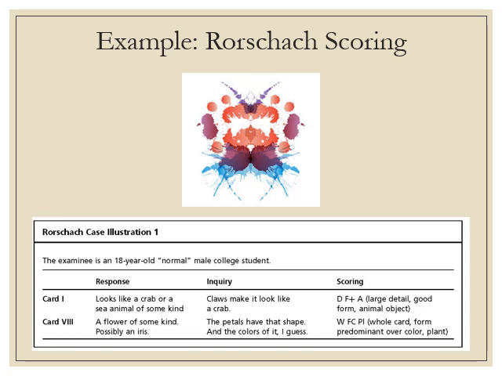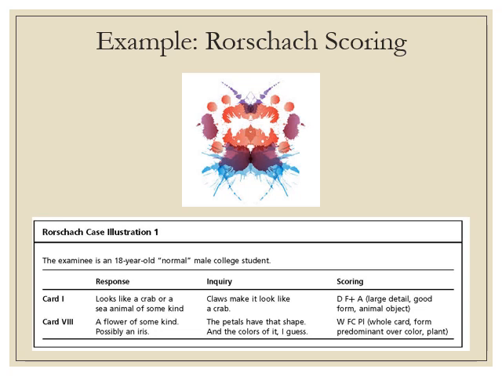Then the examiner might inquire, what makes you see that? What do you see? And the individual says, claws make it look like a crab. So the individual might see claws somewhere in here. And purely coincidentally, I could see a crab in this ink blot.